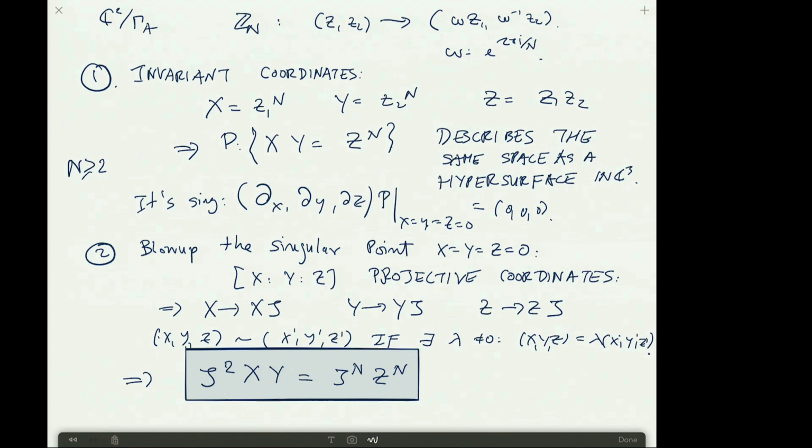As we move in the space away from the point x, y, z equals 0, that point has now been removed, and it's basically the same space as before, except that at the point x equals y equals z equals 0, that point has now been replaced by a projective space given by this coordinate zeta. So zeta equals 0 corresponds to what's called an exceptional divisor, or exceptional curve class in this resolution.